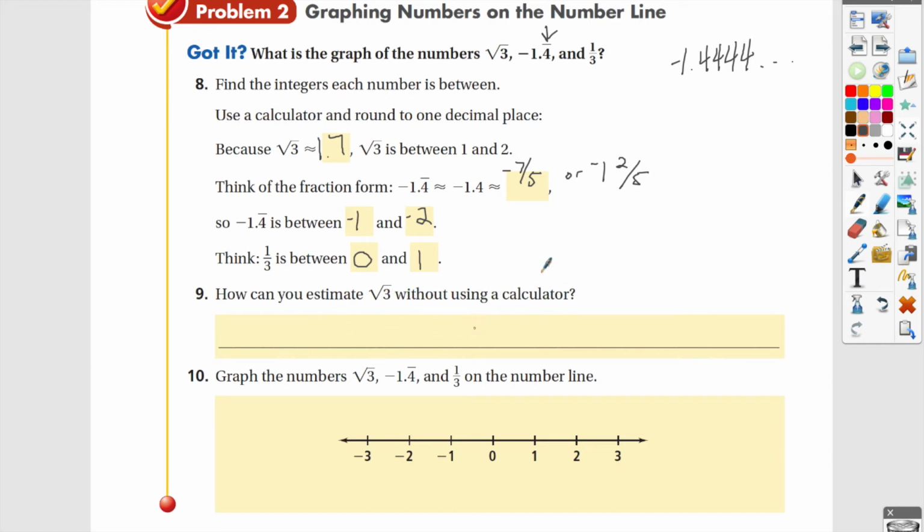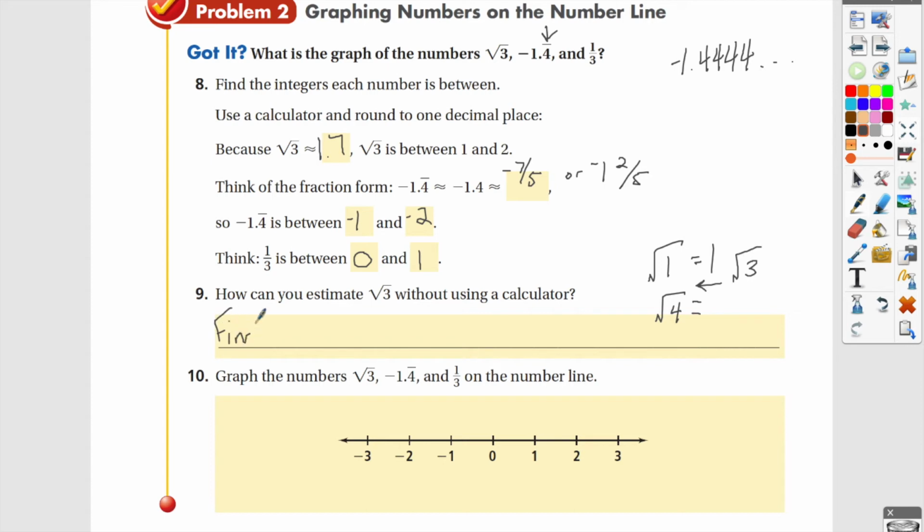All right? How can you estimate the square root of 3 without using a calculator? Well, the square root of 1 is 1. The square root of 4 is 2. So if I had to guess, the square root of 3 would probably fit somewhere between the square root of 1 and the square root of 4. Simple.